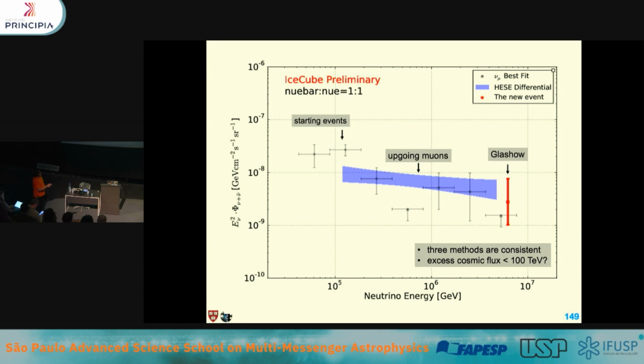We will talk about this Glasgow event later, but don't worry about it so much. You can see that there is an excess of events compared to the muon slope. So what we're currently thinking is that there may be a more complicated shape, maybe something like curves or whatnot, that describes this data.